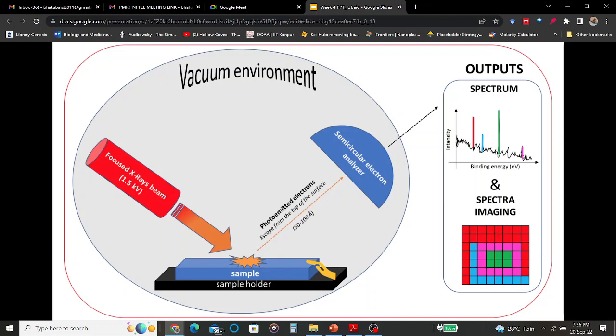These electrons are also called photoelectrons or photo-emitted electrons, and they escape from the top of the surface as X-rays can only go up to a depth of 10 nanometers. They are analyzed by the semicircular electron analyzer.